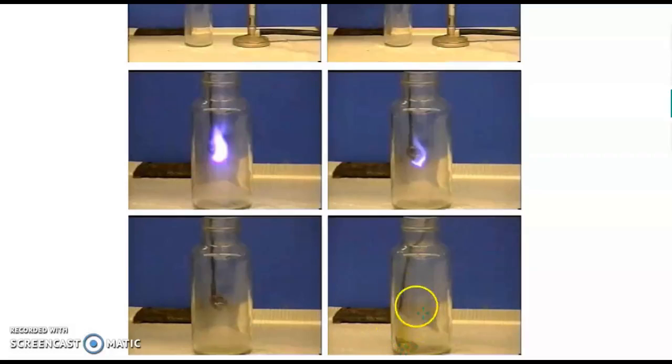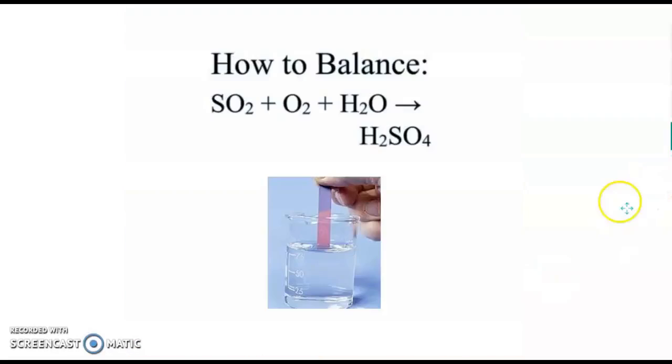So what would be the nature of sulfur dioxide, or the non-metallic oxide? Will it be acidic or basic? When the sulfur dioxide is combined with oxygen and water, it gives you H2SO4. You might have heard of something known as sulfuric acid, right? It's an acid. It's a really dangerous acid.